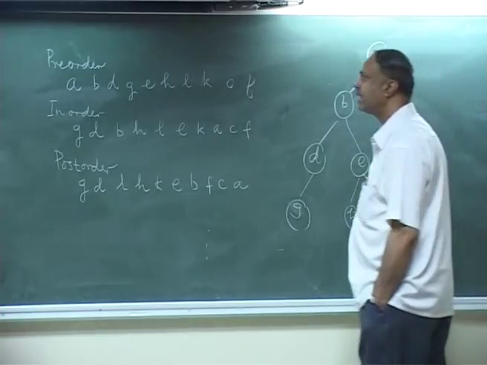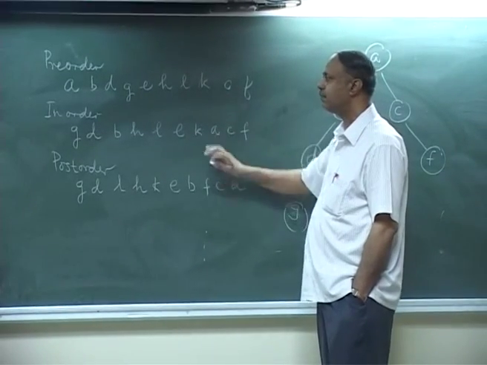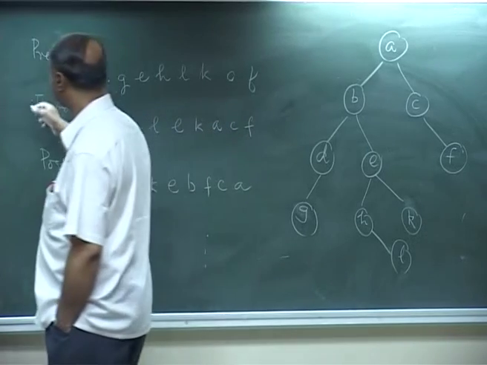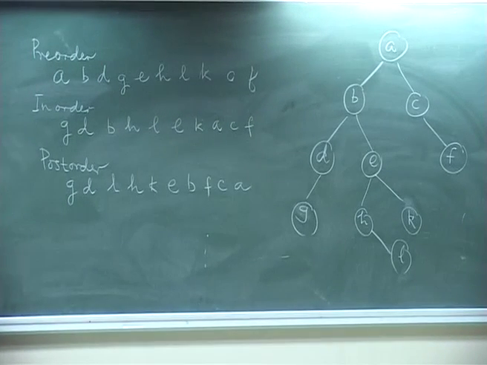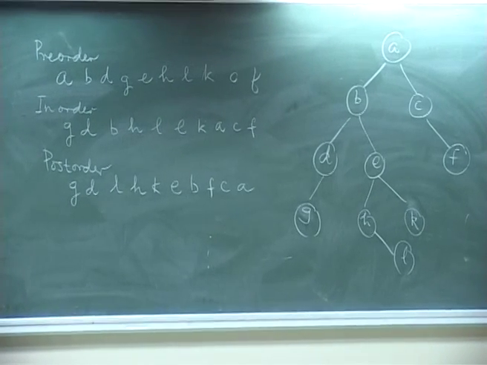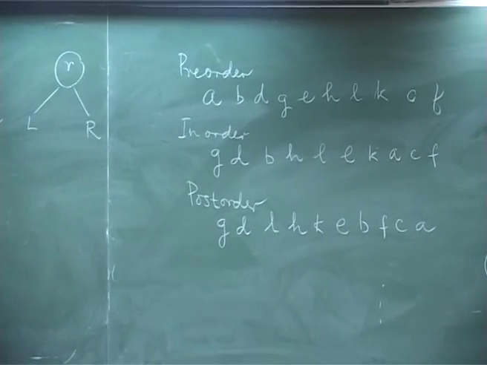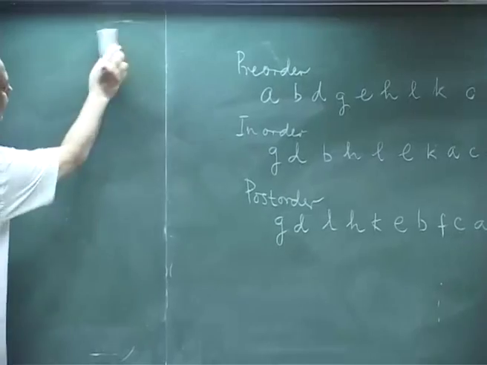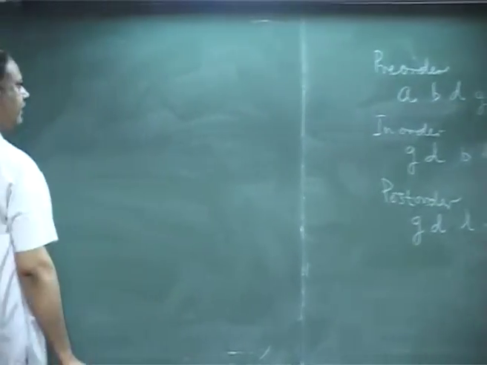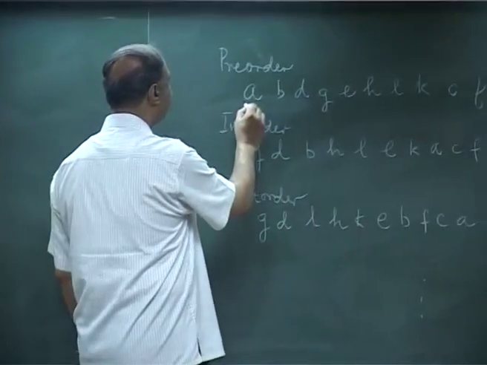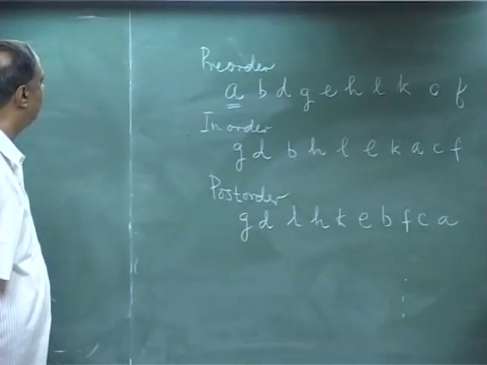But this is not the case if I know pre-order and post-order but not the in-order. In order to see that, suppose I know pre-order and in-order, let us see how we can generate the binary tree. From the pre-order, I can get who is the root of this tree, which is A.